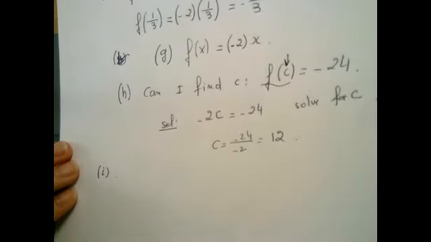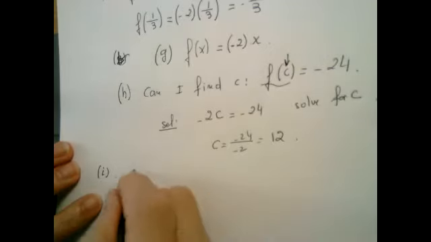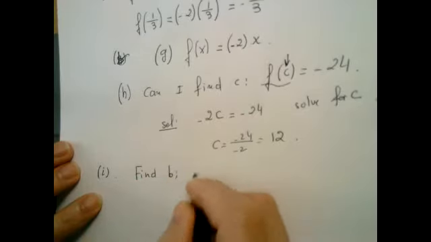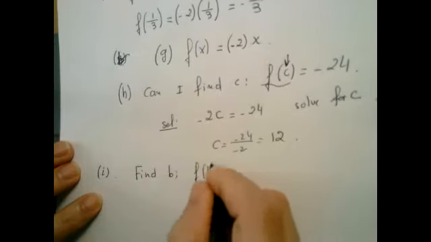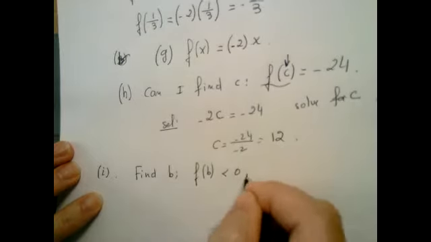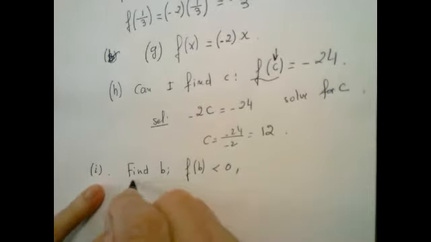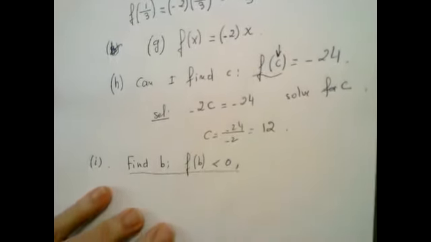Now, the question is, is there a number B such that F of B is negative? So they want me to find a certain number where the output is negative. Okay, so who can give me the B such that F of B is negative?